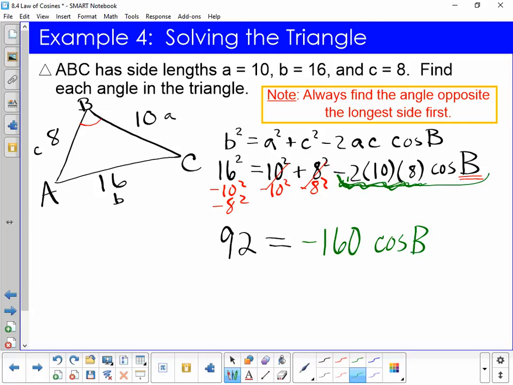Now that I have it sort of simplified, I can divide by the negative 160. To find that we have negative 0.575 is the cosine of B. And again, when we need to find an angle, we'll do that by taking the inverse cosine.